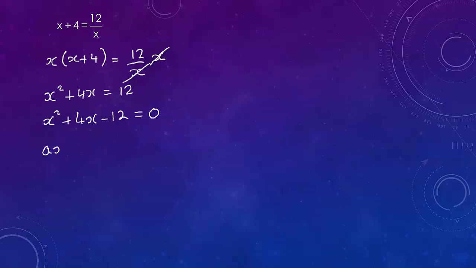So comparing with ax squared plus bx plus c is equal to 0, we can see that a is equal to 1, b is equal to 4, and c equals negative 12.